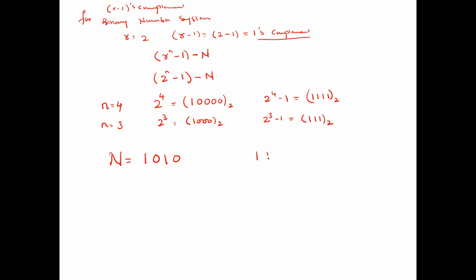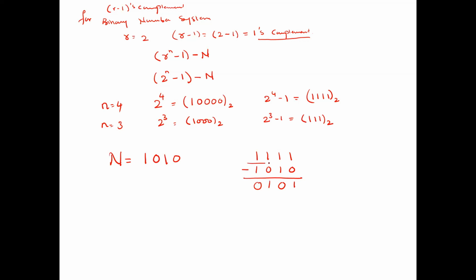Okay, so write it like this: 1 1 1 1. How many digits are there? 4. So every digit you are supposed to subtract from where? From 1. Right? 1 minus 0 is 1. 1 minus 1, 0. 1 minus 0, 1. 1 minus 1, 0. Right?